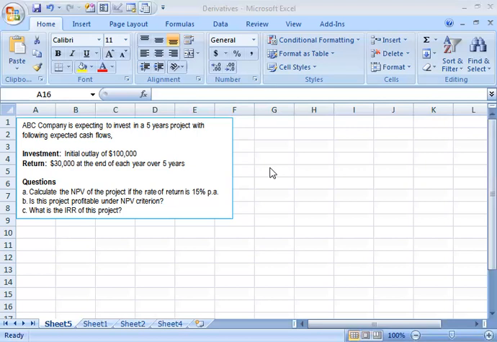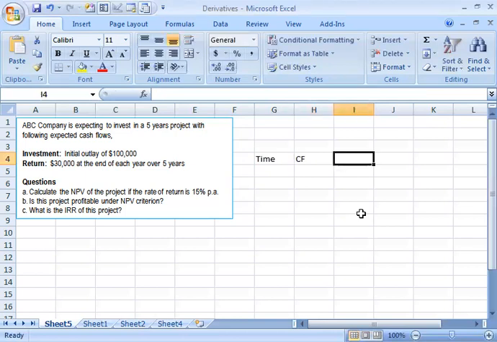So first we have to summarize this data into a schedule or a timeline diagram. So I will summarize this data. First the time period, and the next column will be our cash flow amount.